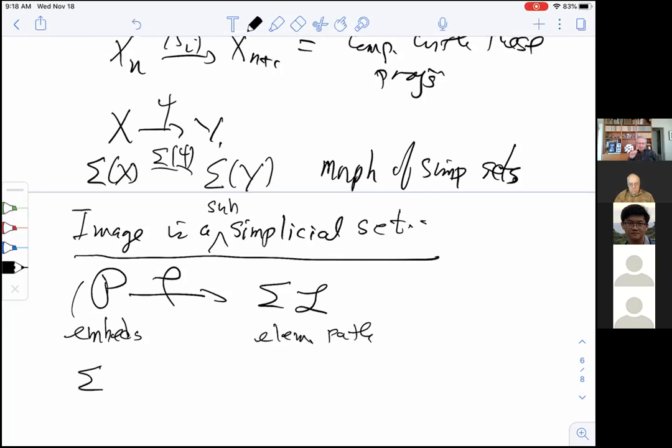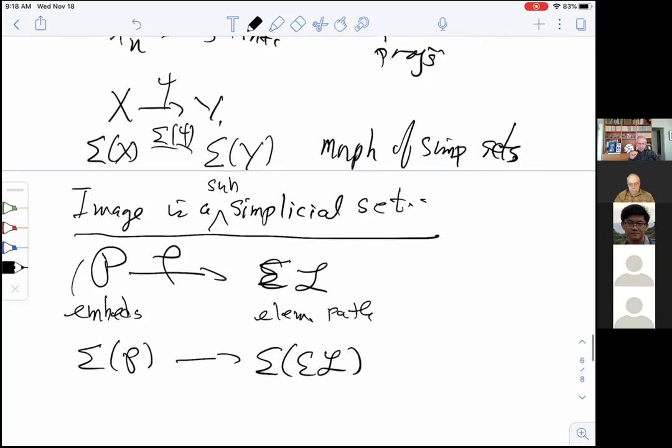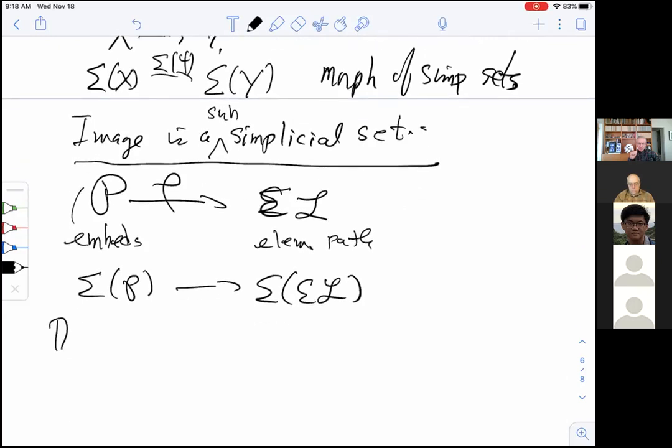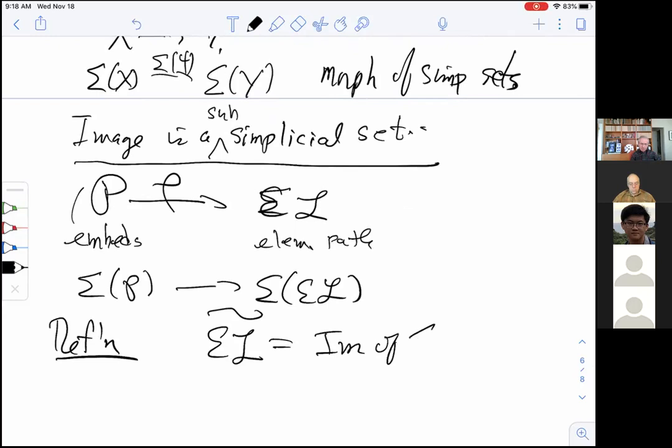We get an induced map from sigma of the embeddings into sigma of EL. And by definition, what I'm going to call EL tilde is the image of sigma of this map rho.